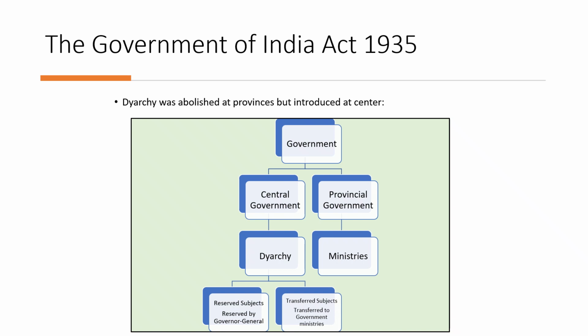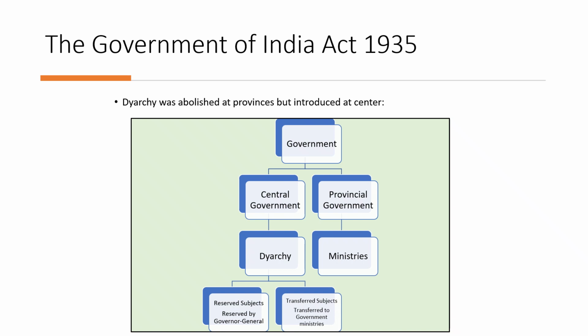Now here, the government did the same thing, but at the central level. Now it shows that the British were so adamant about this, and they did not want to give powers to Indians. That's the thing Indians were demanding. They wanted powers. But the British were not ready to do so.